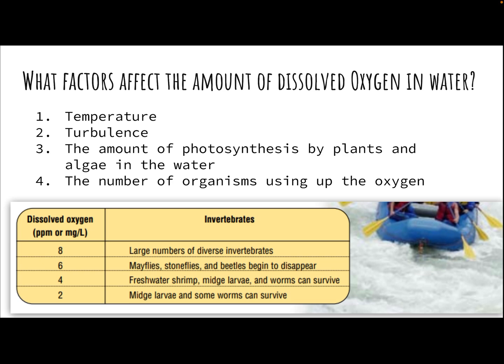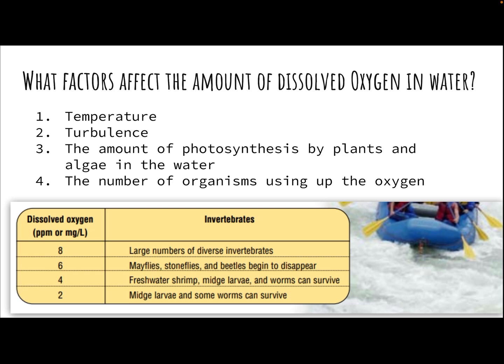What factors affect the amount of dissolved oxygen in water? Temperature, turbulence, the amount of photosynthesis by plants and algae in the water, and the number of organisms using the oxygen. The lower the dissolved oxygen, the fewer organisms in there.